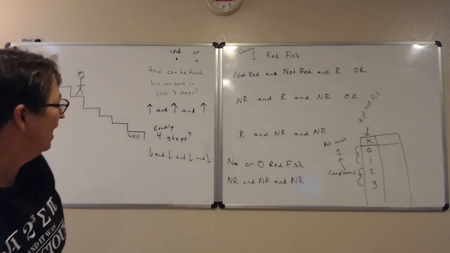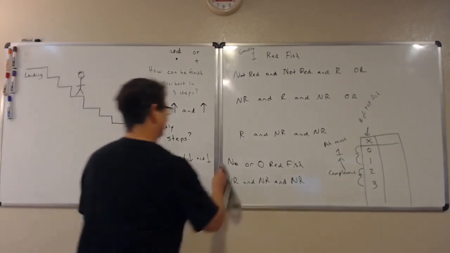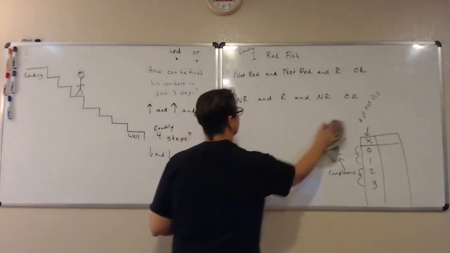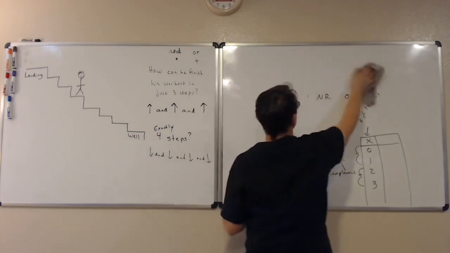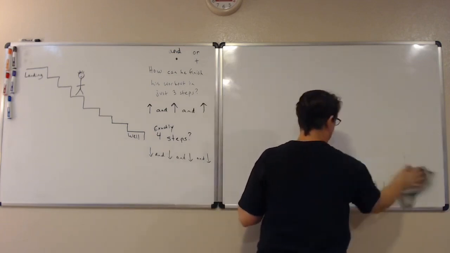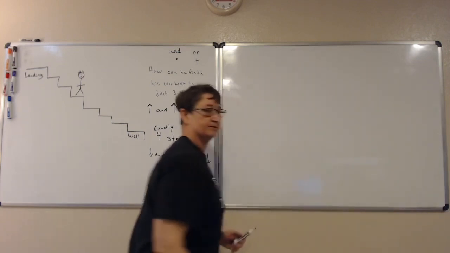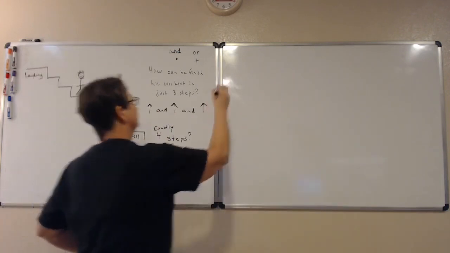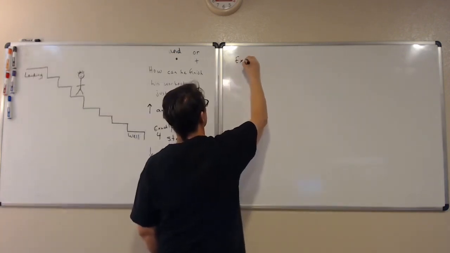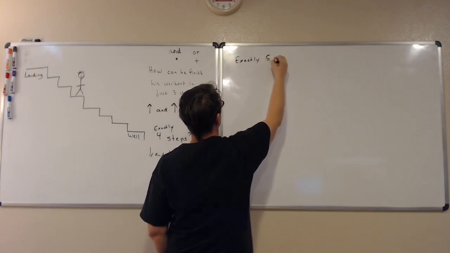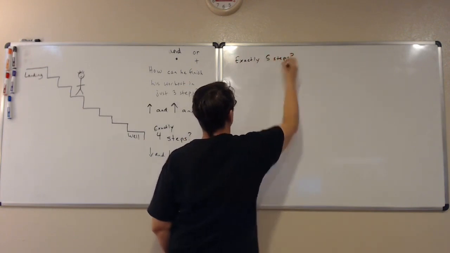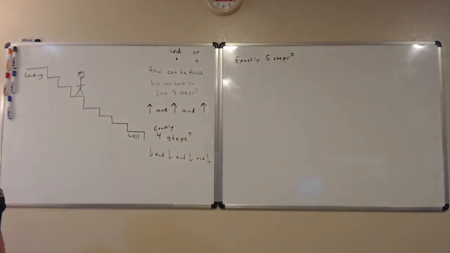All right, what about if he wants to do it in exactly 5 steps? So in exactly 5 steps, where would he end up?